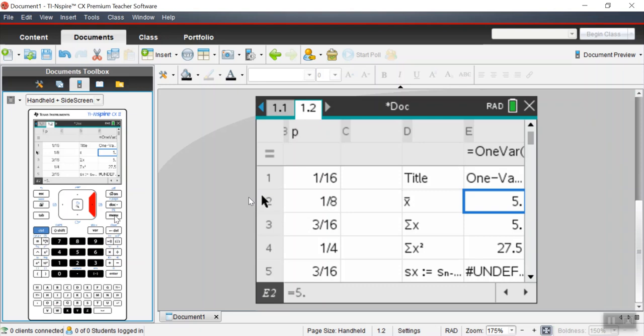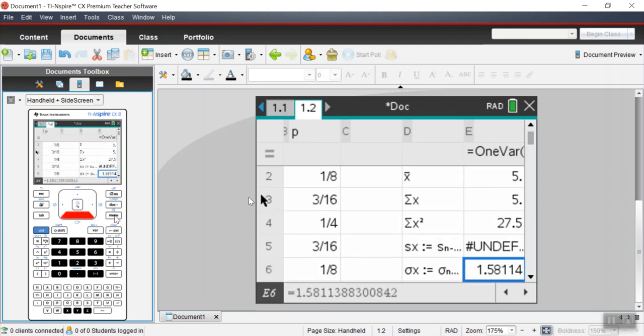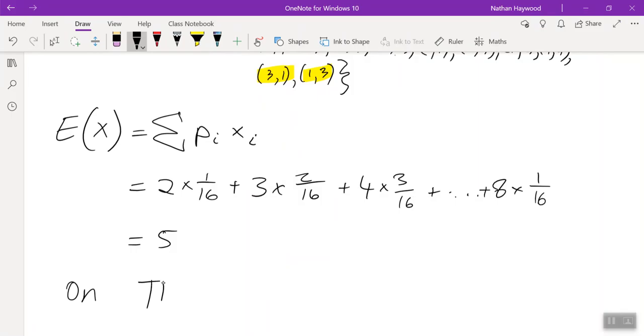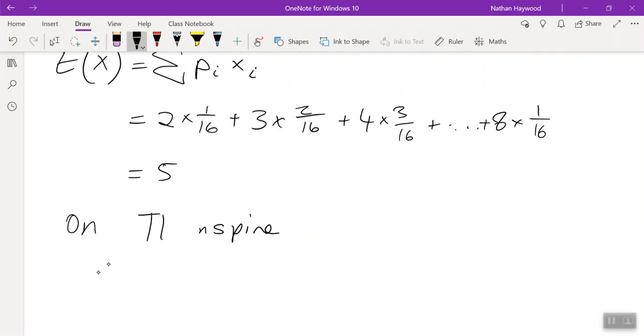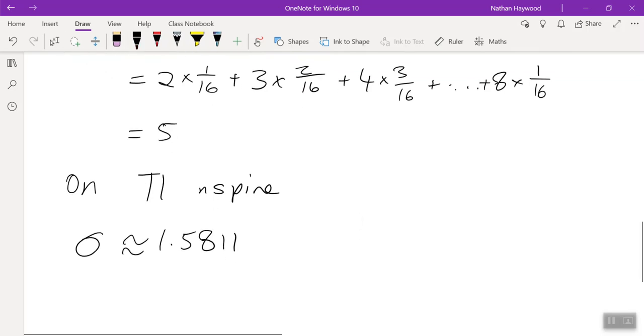X bar is the expected value, the mean. So it's given you that 5. Standard deviation is 1.5811, etc. How do we find the variance from that?